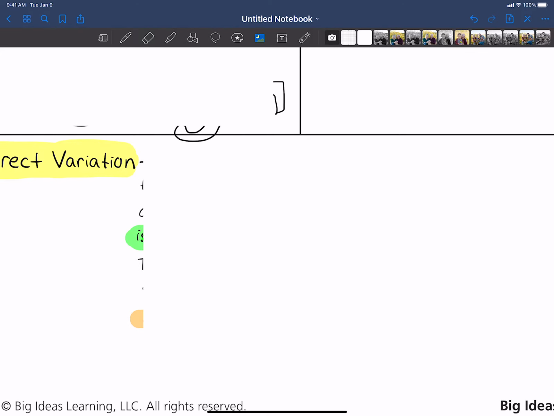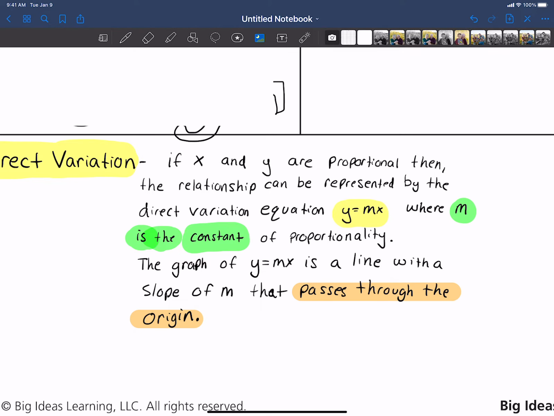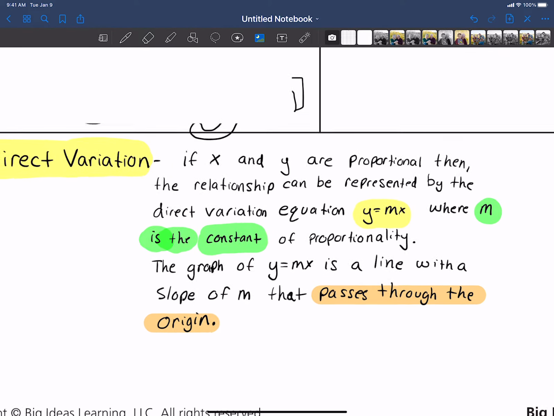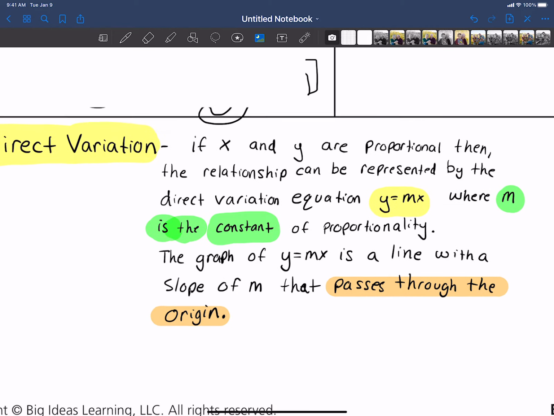Okay, so I'm going to go ahead and get rid of this box so you guys can see the definition. Ready? Direct variation. I'll read it out loud.